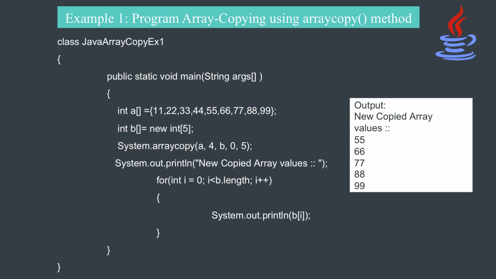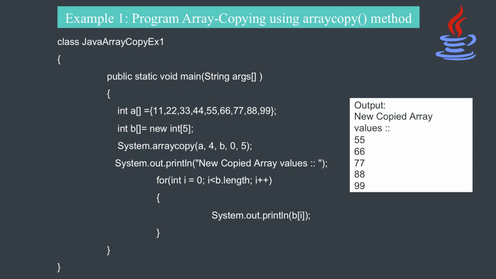The source array is array A. So from array A, fourth index position, from 55, copy elements into destination array B starting from 0th index, and the total number of elements is 5. So 55, 66, 77, 88, 99 will be copied into array B from 0th index.